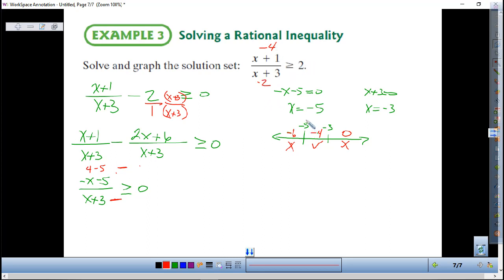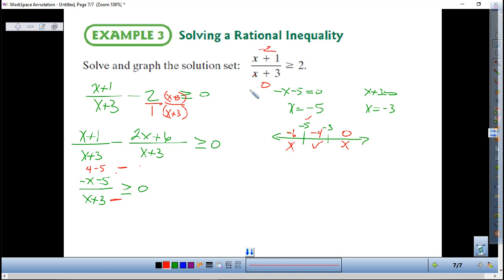So that one checks. And if you plug in -3, -3 plus 1 gives me -2, and -3 plus 3 gives me 0. So what do I know? I know that that is not going to be part of my solution set.